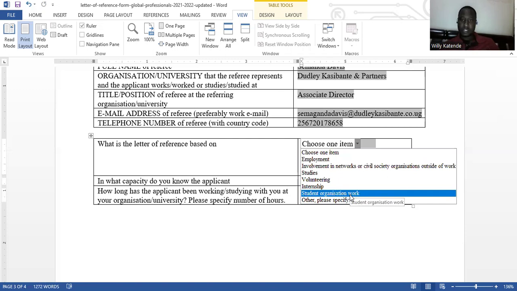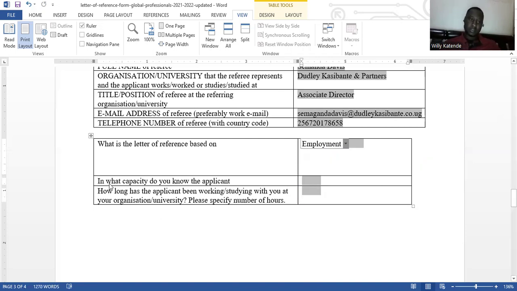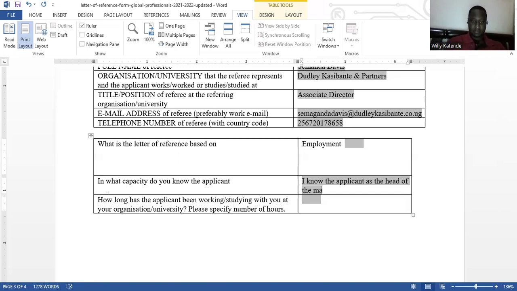Is it student organization work? Others, please specify. So you choose one, maybe it is employment. So they're asking the referee, in what capacity do you know the applicant? So here you have to fill, maybe, I know the applicant as the head of the marketing department.